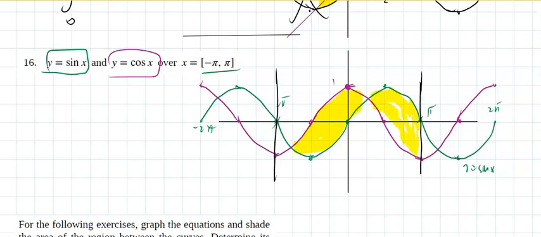They're talking about this region. But they're also talking about this region. Well, what do we have to do? We have to figure out where they meet.